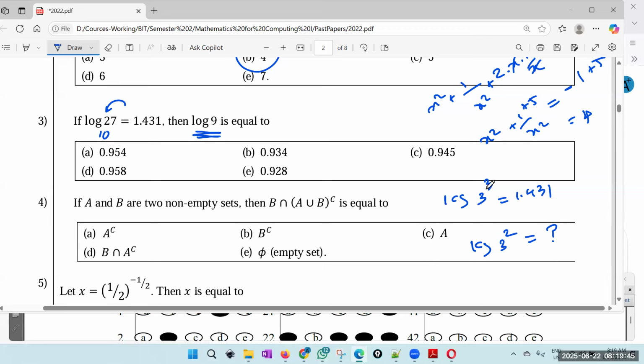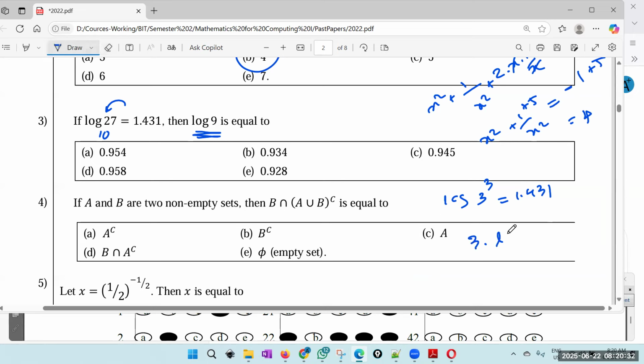So 3 to the power 3, you can write it as 3 times log 3, which is 1.431. So I divide 1.43 by 3. Why do you divide? Because these three we can take out, because a power can be written as multiplication.